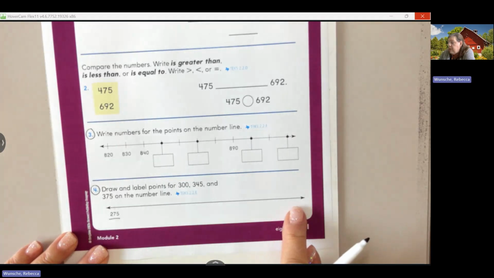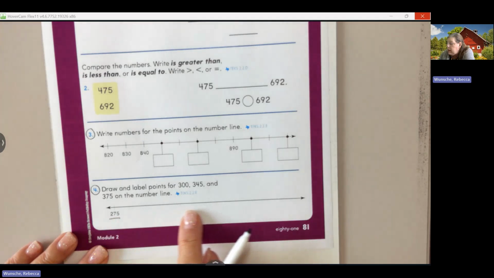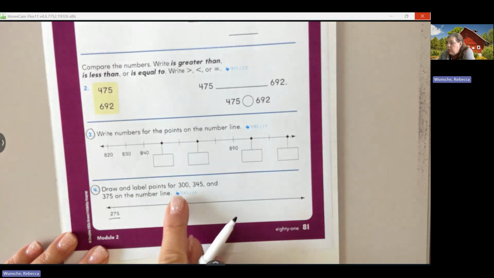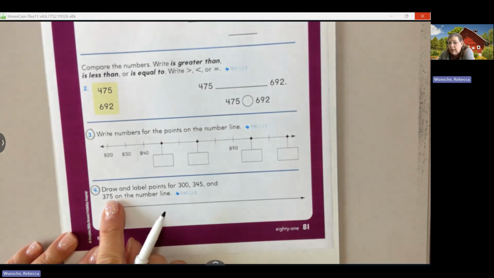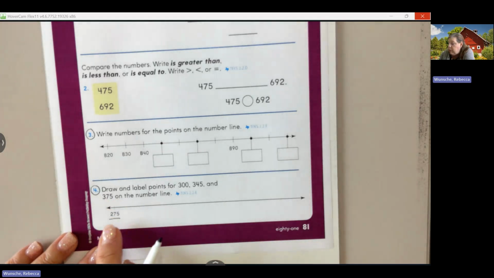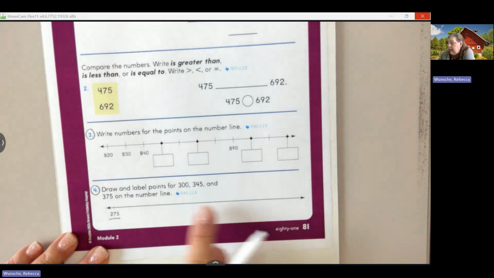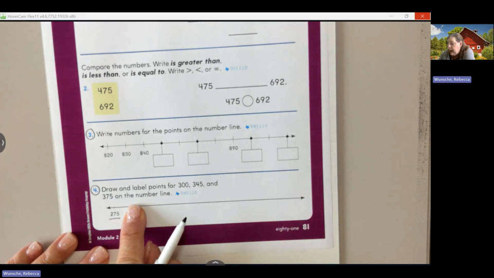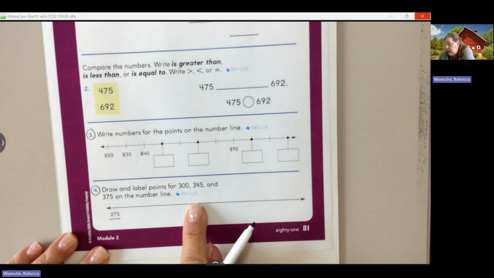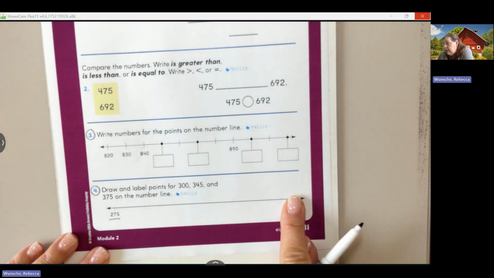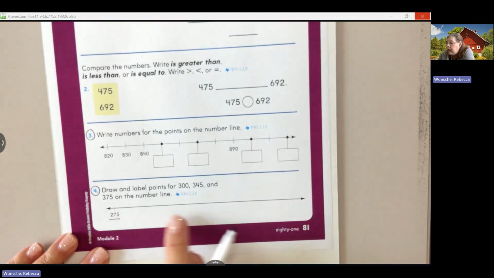We don't have another number on this end of the number line to tell us where it ends. So this number line is completely open. And again, we're going to position these numbers on the number line where we think they live in the neighborhood. This would be like going down your neighborhood street and saying, well, this is house number 300, this is house number 345, and this is house number 375. So we're going to have to look and see what we think on that.